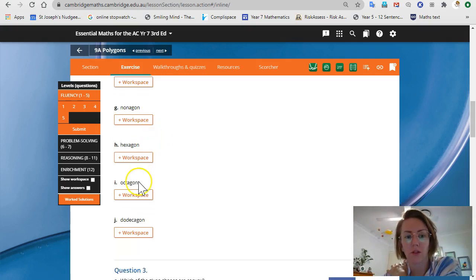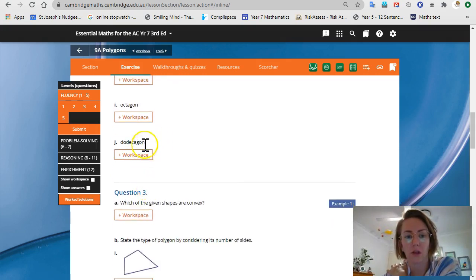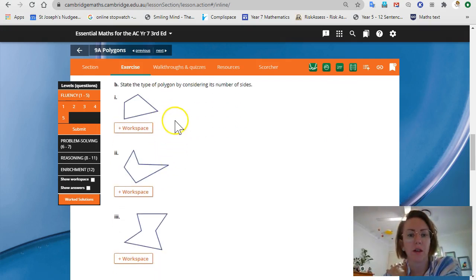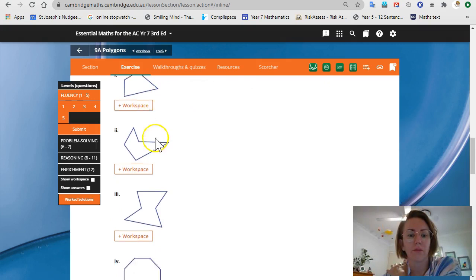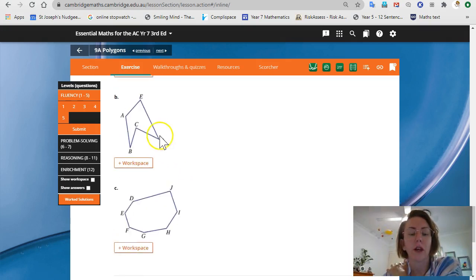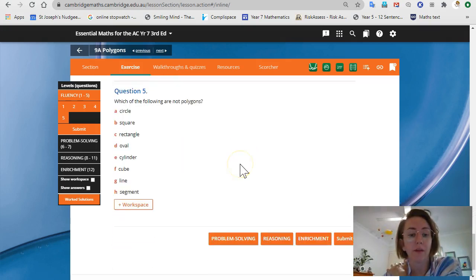So nonagon, hexagon, octagon, dodecagon as well. You could also have questions like labeling the shape using the letters, and also identifying the odd one out in a list of different things. That can be common questions.